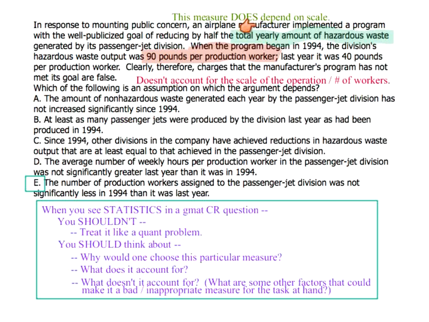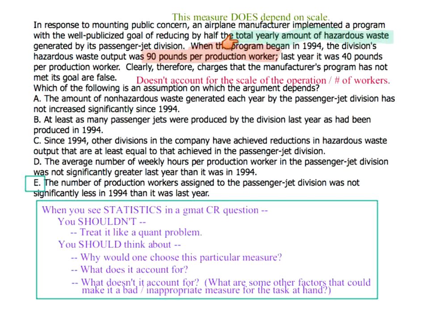It's just the amount of hazardous waste. If you produce twice as many planes, we don't know what that does. They would have to tell you more about the amount of waste involved. You can't just assume that twice as many planes is twice as much waste. Maybe the waste is just from overhead or stuff that doesn't depend on planes.